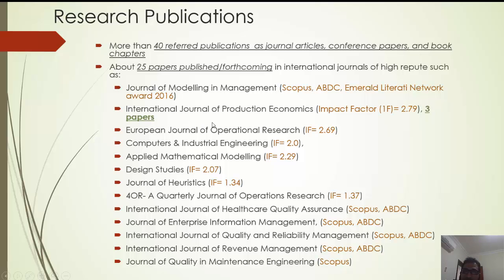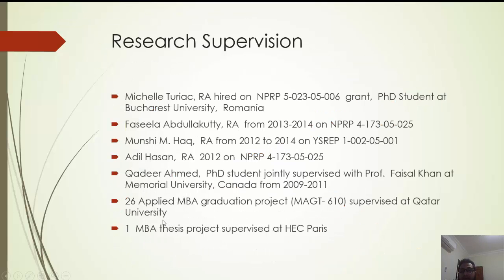I have published in International Journal of Production Economics, European Journal of Operational Research, Computers and Industrial Engineering, Applied Mathematical Modelling, Design Studies, Journal of Heuristics, 4OR, and several other management-related journals. Most of them have an impact factor, most are ABDC ranked, and most are also Scopus indexed. So this is a summary of what I have published.